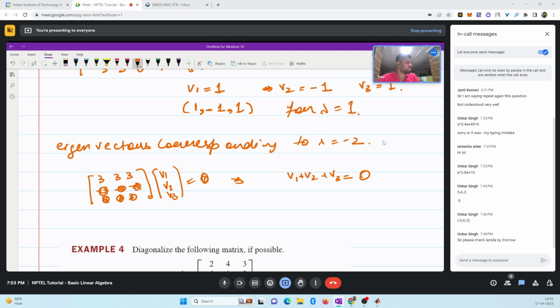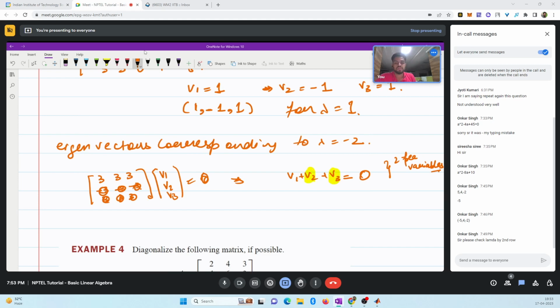It is 1. So you have two free variables. Let's say I take V2 and V3 to be my free variables.